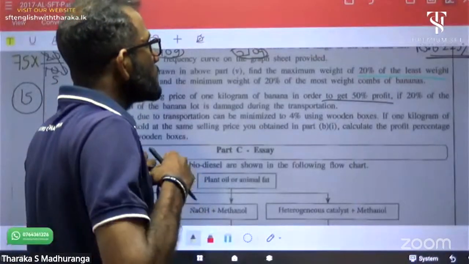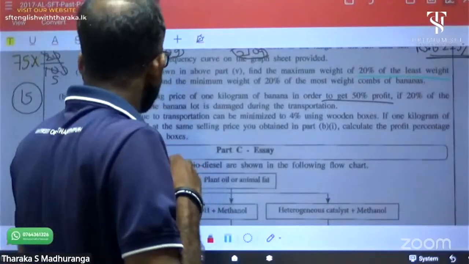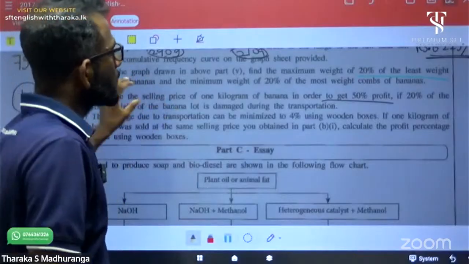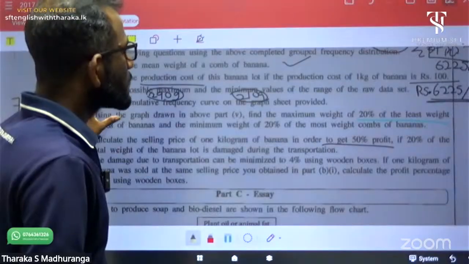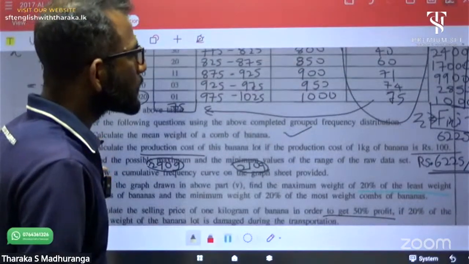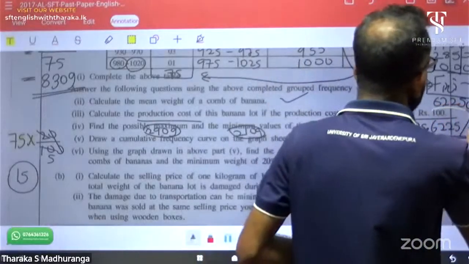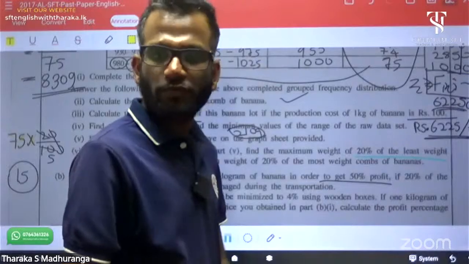Okay. 20% damage and we want to get 50% profit. Hard. Now, actually, how many kilograms? The amount of kilograms is 62.25 kilograms.